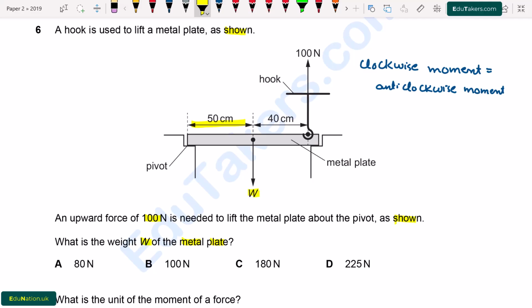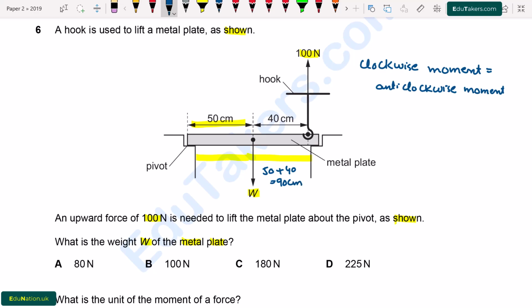This weight basically causes the anti-clockwise moment, while there is also the hook and here is a force of 100 Newton. The perpendicular distance of this force from the pivot point will be the sum of 50 centimeter and 40 centimeter. So it will be equal to 90 centimeter.